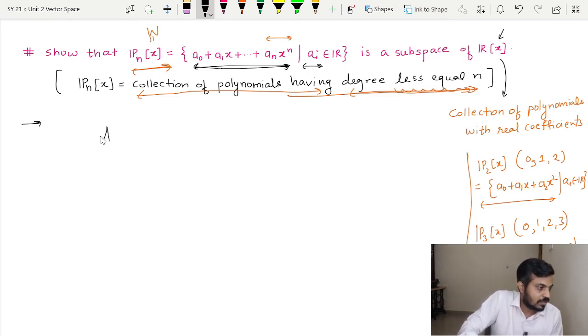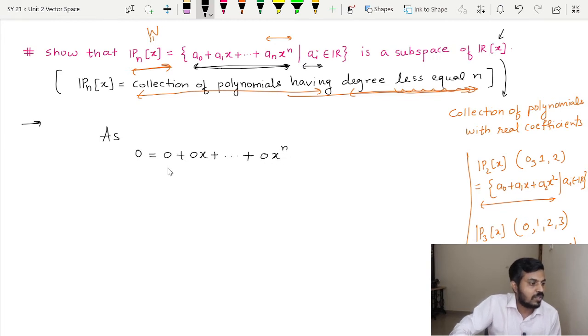How? You can write this 0 as 0 plus 0x plus so on 0x raised to n. No issues, right? You can see that we have written 0 in this form. Okay, so therefore I can say that 0 belongs to Pn of x and therefore Pn of x is non-empty.